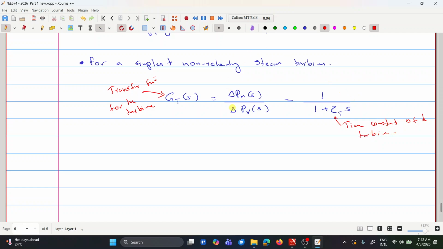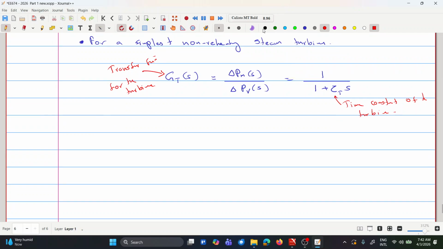So this is the mechanical power, and this has something to do with the valve. We will go to that when we do the governor model. So this part is actually coming from the governor model. For the time being, we will consider the prime mover model, and then we will go to the governor model. So it's very straightforward.